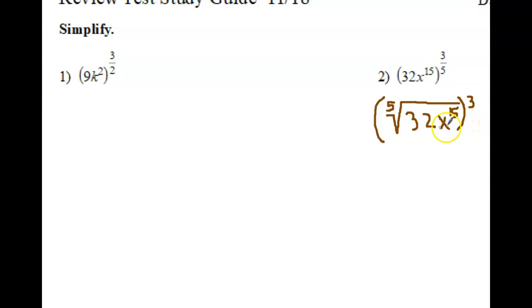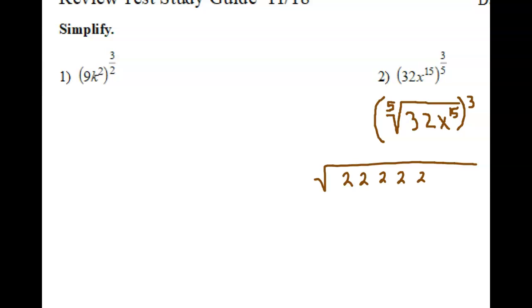Alright, so what we're going to do then is break down this number here, 32, into its prime factors. So let's go ahead and do that. If you were to break down 32, you're going to end up with 5 2's. And if you break down x to the 15th, that's going to be 15 x's.